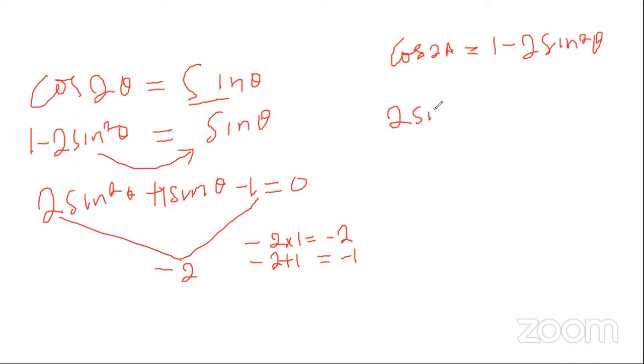So in 2 sine squared theta, where there is sine theta, we substitute with +2 and -1. So it is going to be 2 sine squared theta plus 2 sine theta minus sine theta minus 1 is equal to 0.